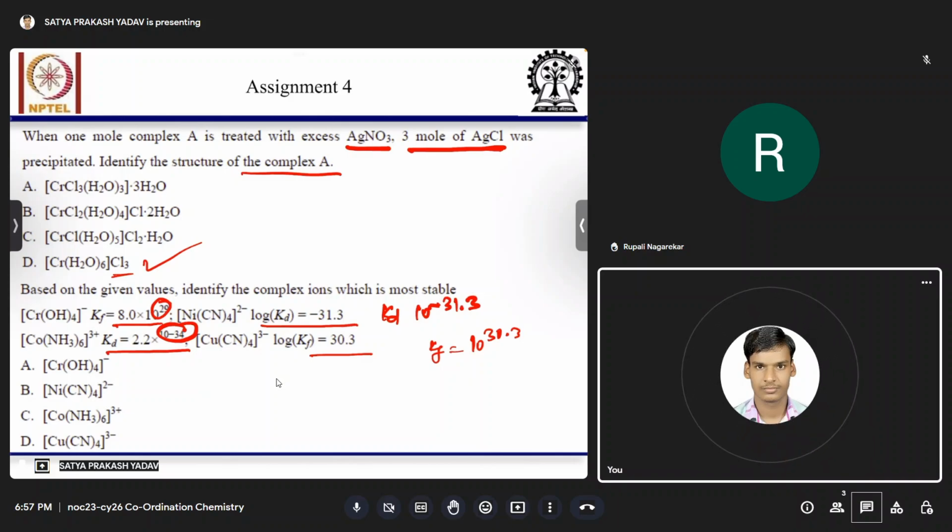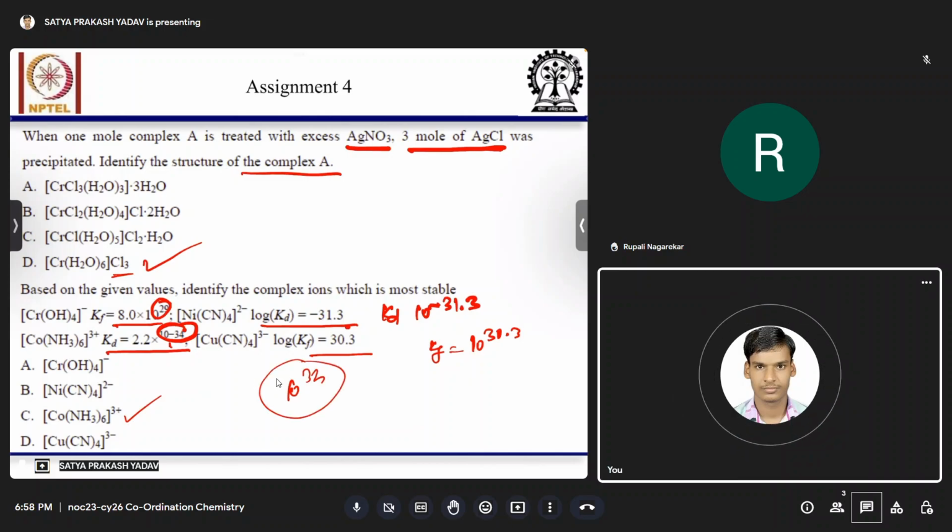So obviously this is somewhere wrong, right? Okay, this is the dissociation constant they have given, so the formation constant will be the reverse. So the correct option is C, which has 10 to the power minus 34.